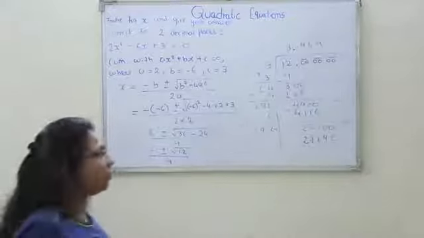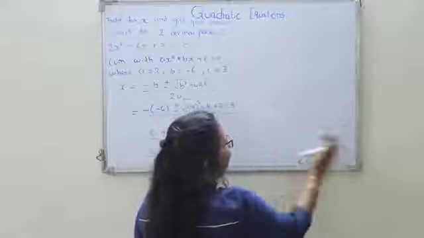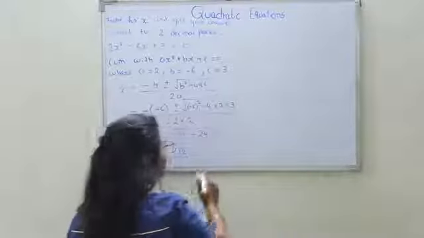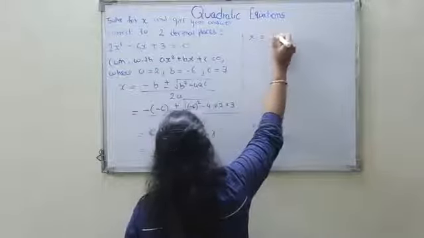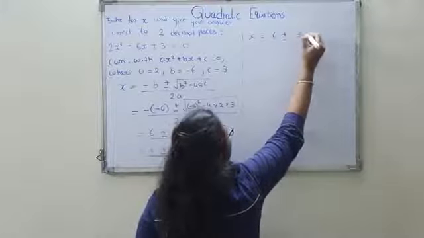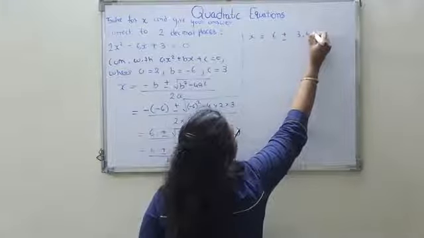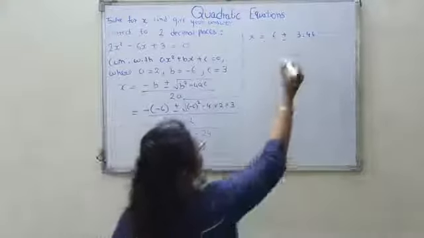So take 3.46. As you have understood how we have found the non-perfect square root number, let's simplify further by substituting the value of square root of 12. Square root of 12, as we discussed, we got as 3.46. The whole upon 4.